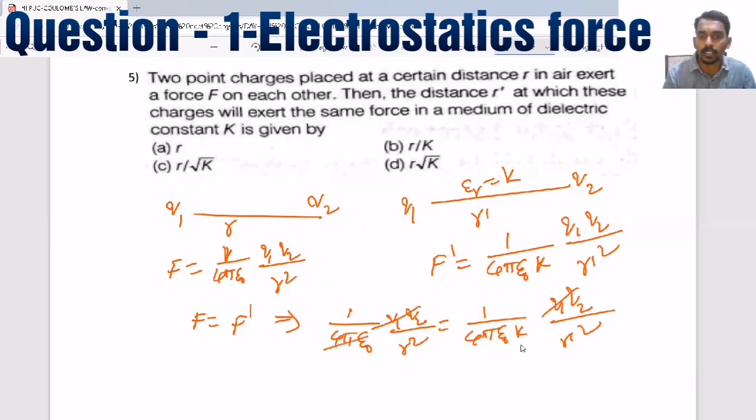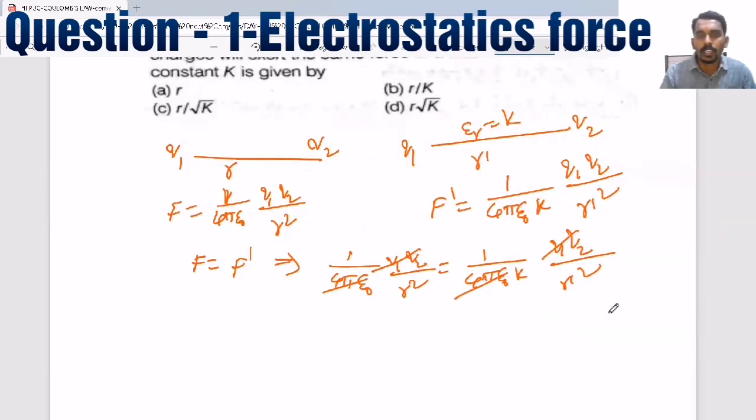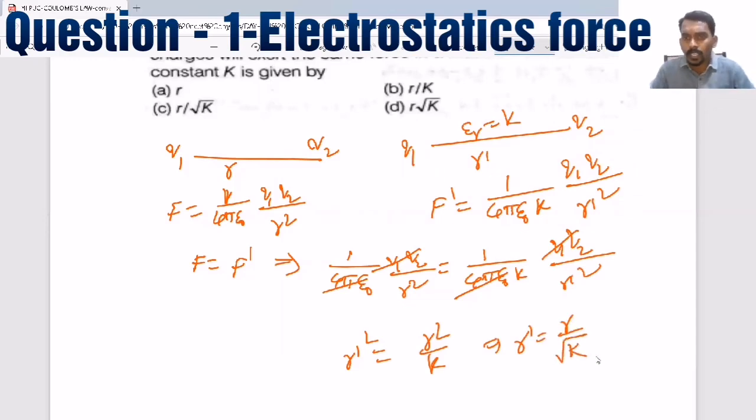Q1 Q2 cancel, 4 pi epsilon naught cancel. Then they are asking r dash. So r dash square equal to r square by K implies r dash equal to r by root K. So this way you can solve the simple questions, the very first topic.